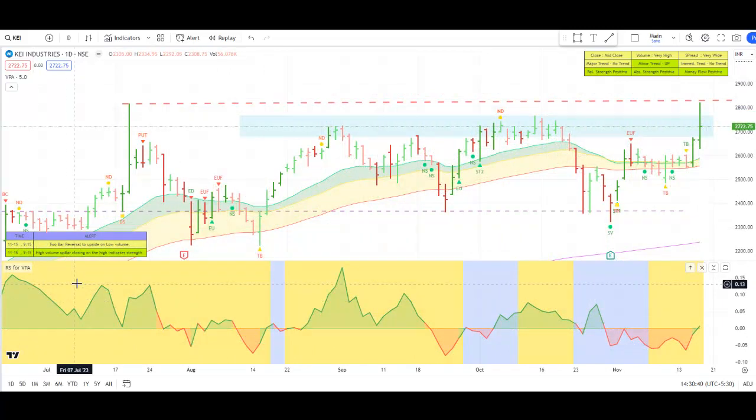The RS for VPA indicator has a zero line, and the positive side is shaded green and the negative side is shaded red. When the relative strength is positive, it is green, and when the relative strength is negative, it is shown in red. Also, you can see there is a background color here.